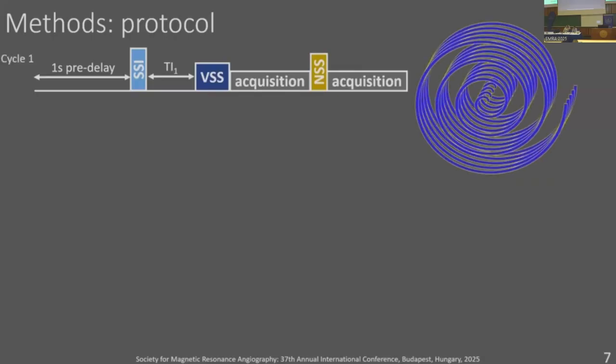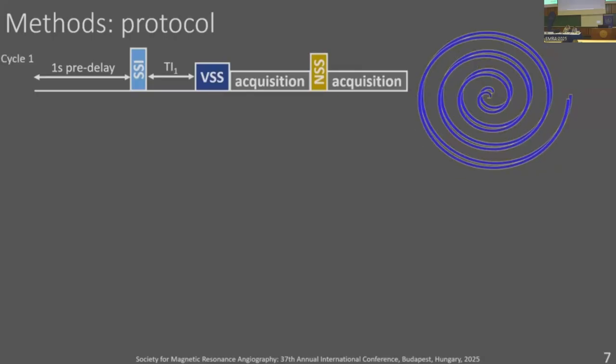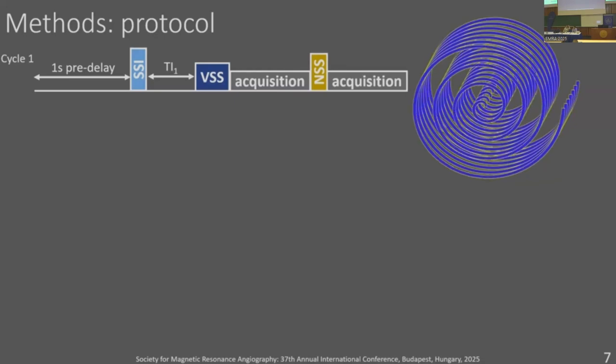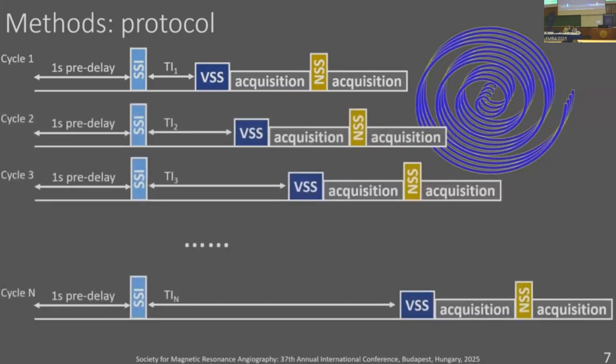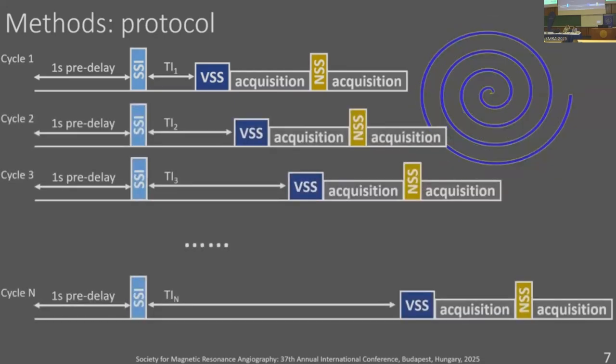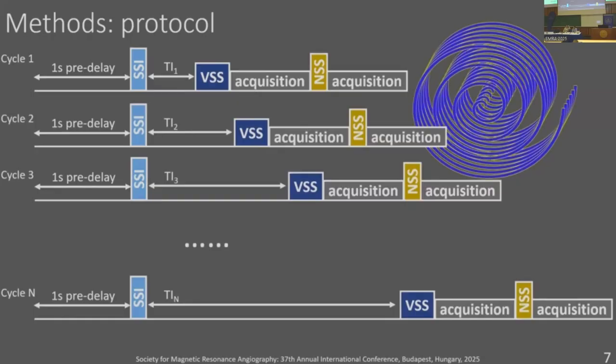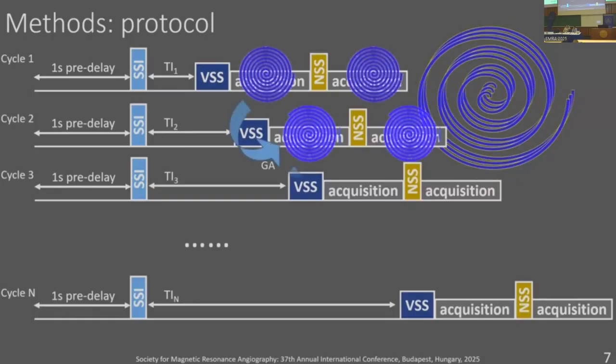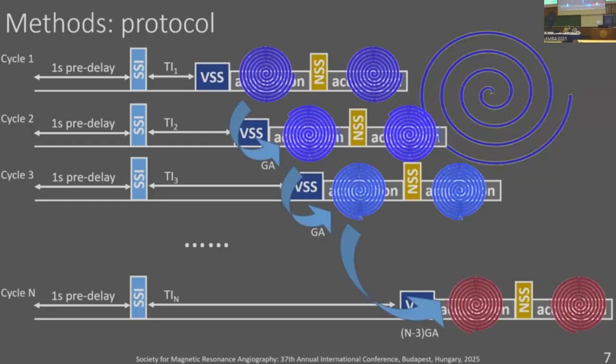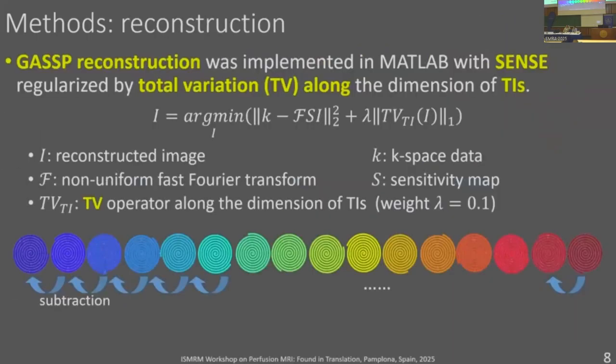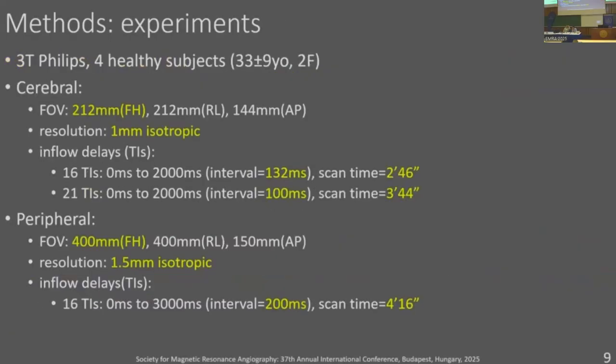Images were acquired with 3D stacked spiral turbo FLASH in chronological order. Multiple equally spaced TIs were sampled separately in consecutive cycles, with only one spiral arm for each TI rotated by the golden angle. The undersampled dynamic VSMRA data were reconstructed with GASP, which is regularized by the total variation sparsity transform along the dimension of TIs.